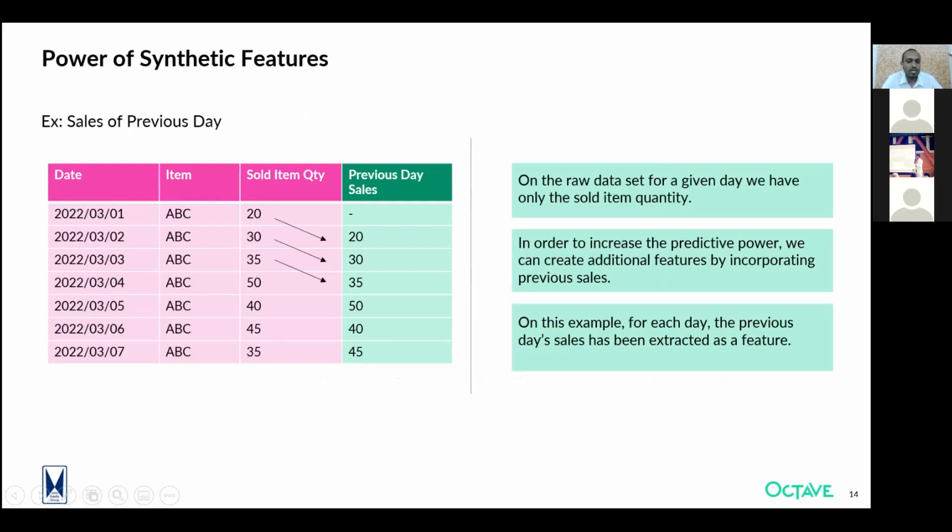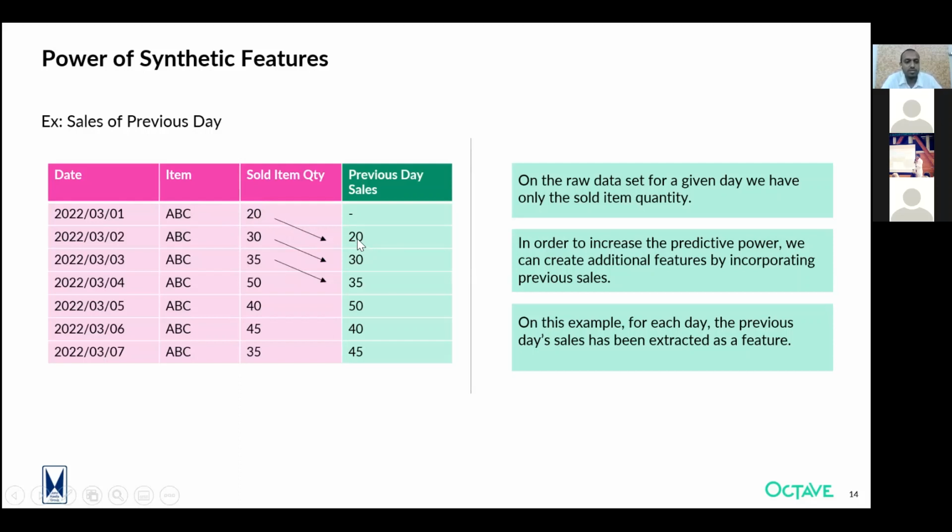Now here we have an example where we are going to create some synthetic features. Coming back from the previous slide, what we are going to create is the sales of the previous day. For example, for this particular item ABC, we are going to get the previous day sales. If you look at the 1st of March, since our data starts from the 1st of March, we wouldn't have previous day sales.